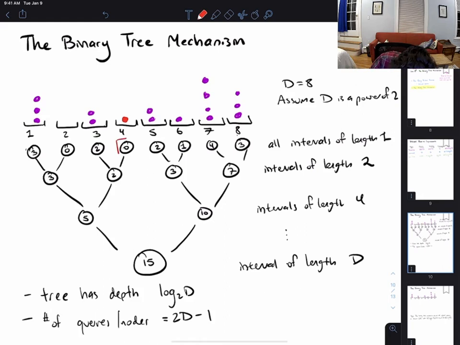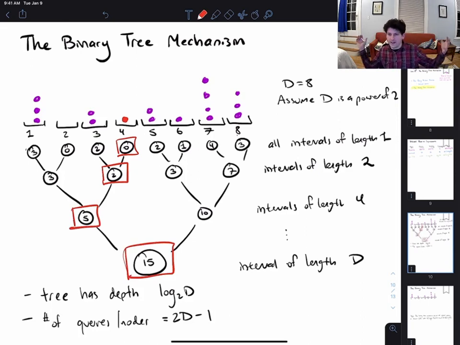Well, it impacts this query, which is asking for just the interval 4. It also impacts its parent in the tree, which is asking for 3 and 4. And it also impacts that parent in the tree, which is asking for 1 through 4. And finally, it impacts that parent, which is asking for 1 through 8.